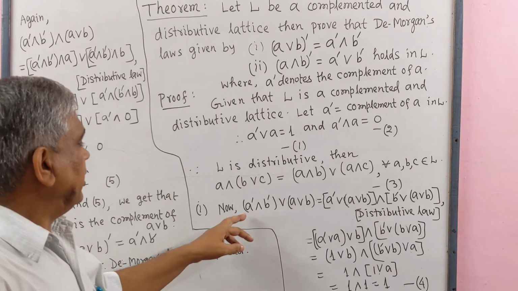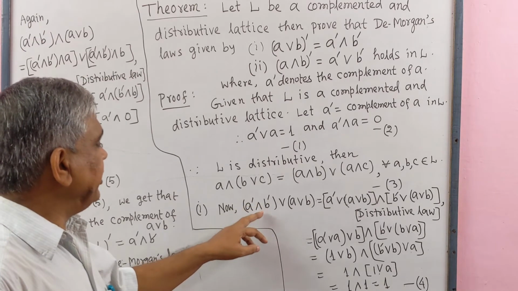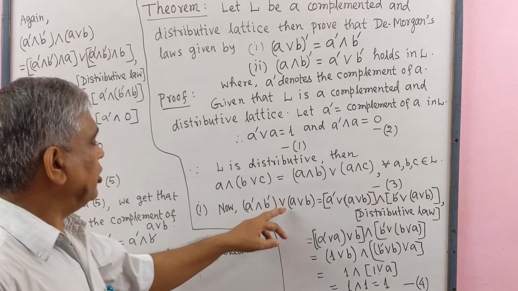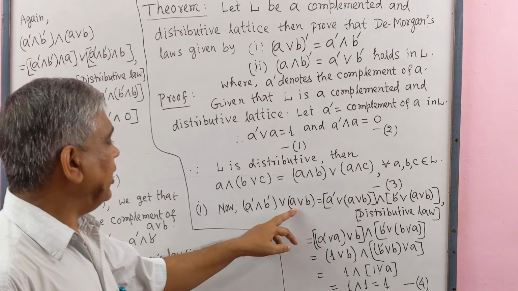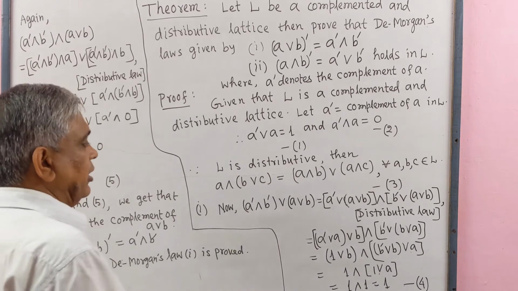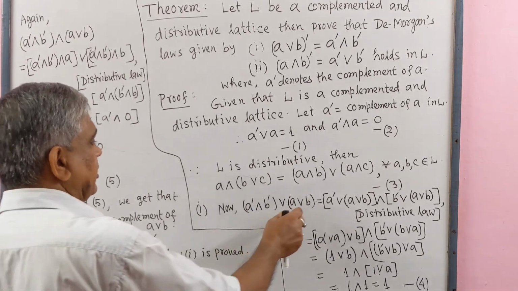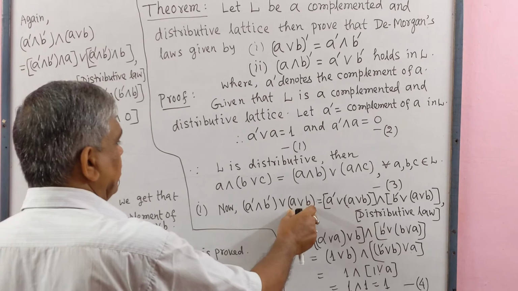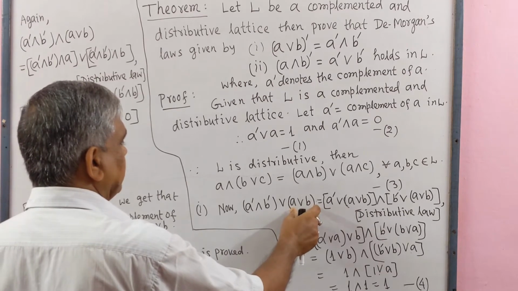Now (A prime meet B prime) join (A join B) equal to, here we consider A join B as one unit.